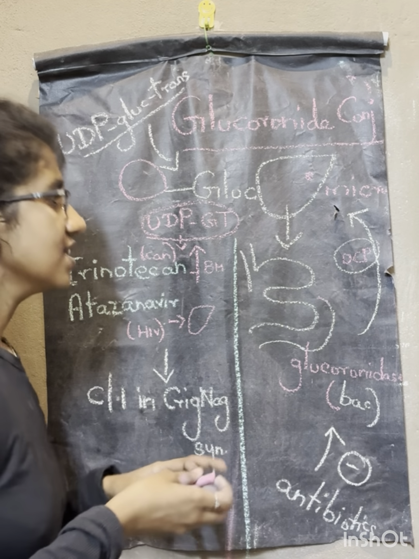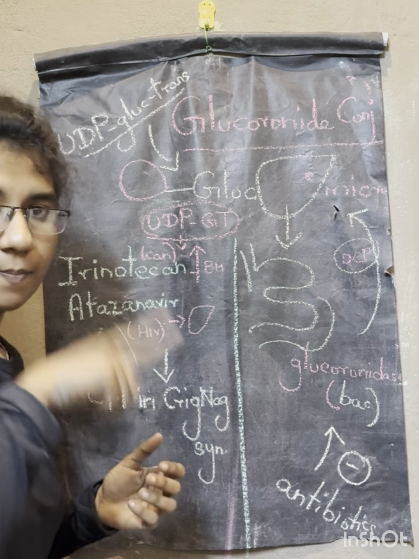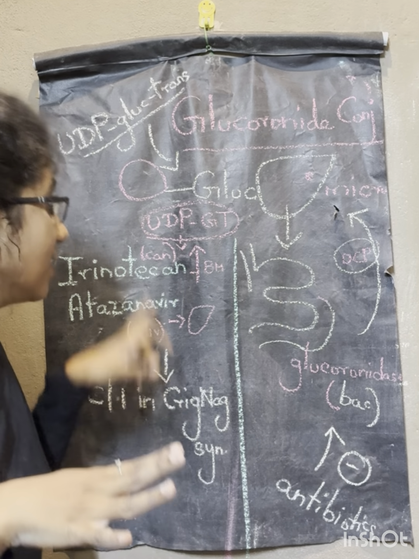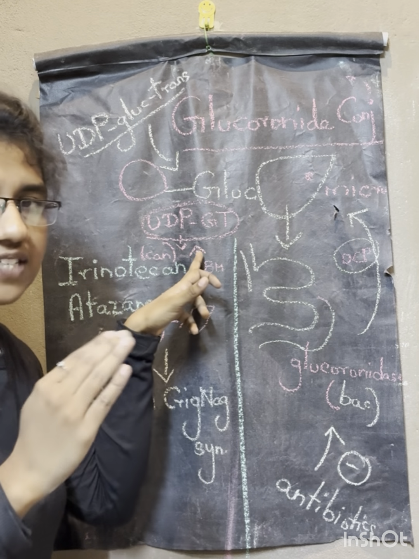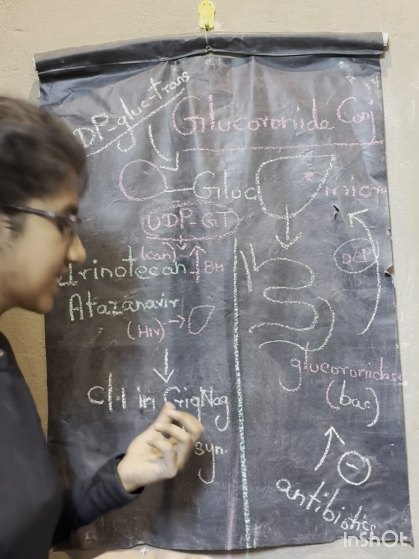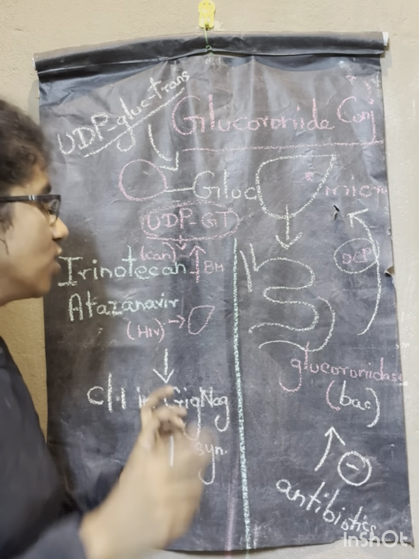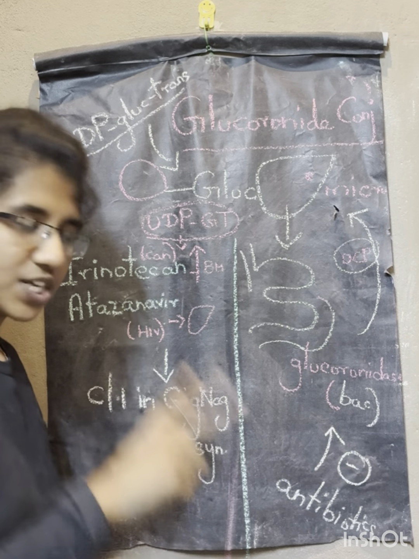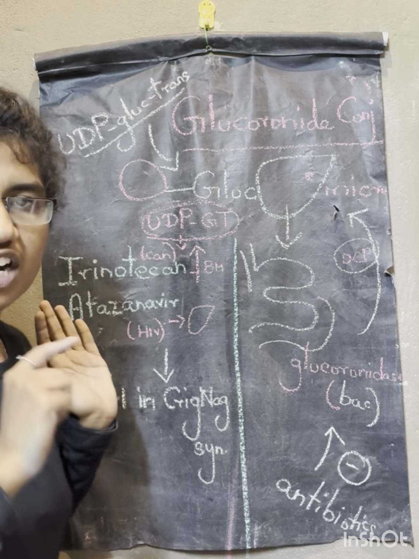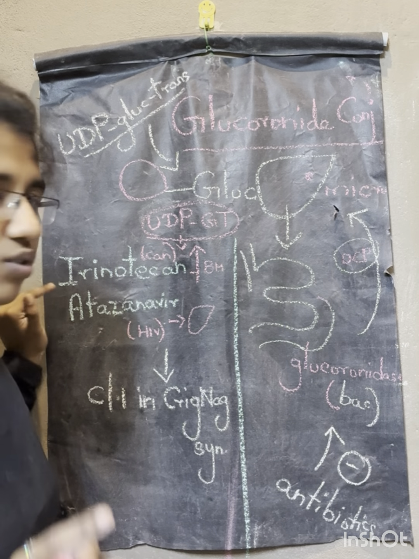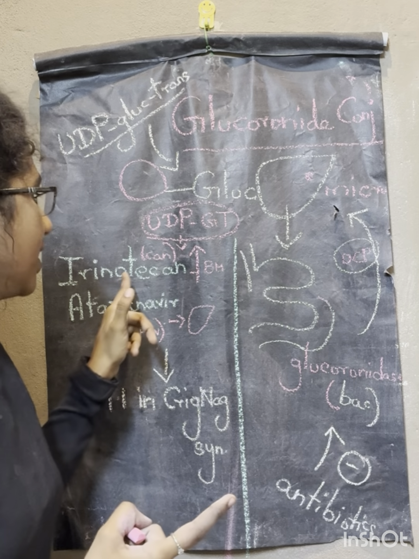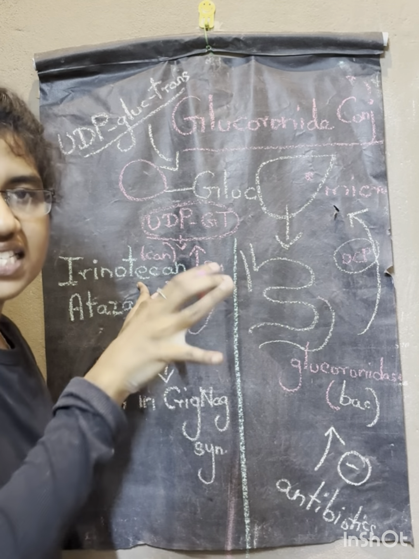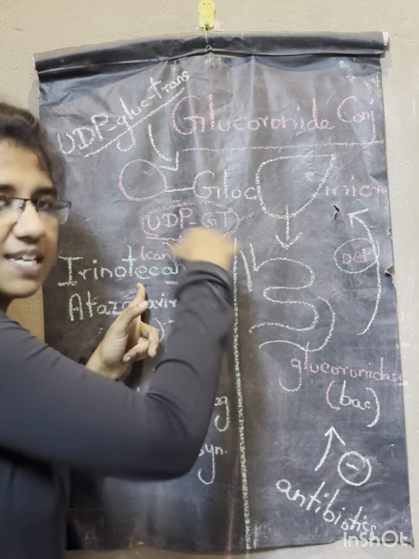So what happens? In certain conditions we have seen in biochemistry, right, in Crigler-Najjar syndrome, that is a genetic defect where UDP glucuronide transferase is deficient. In this condition, these two drugs are contraindicated. If the patient has this condition, these two drugs cannot be given, because irinotecan is an anti-cancer drug, but after its action over the cancer cells, it is not inactivated because the enzyme is not there.